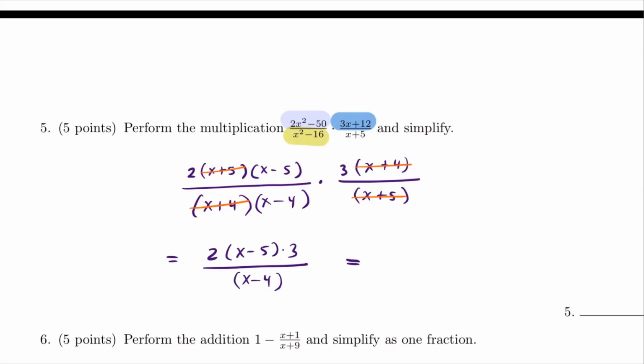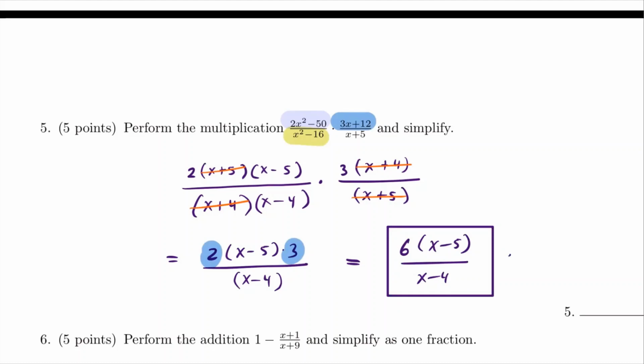And of course, you can combine the 2 and the 3, so that would give us 6 times x minus 5 over x minus 4. Feel free to leave it here, or if you want to continue, distribute the 6, you'll have 6x minus 30 divided by x minus 4. So that will also be a nice, acceptable answer.